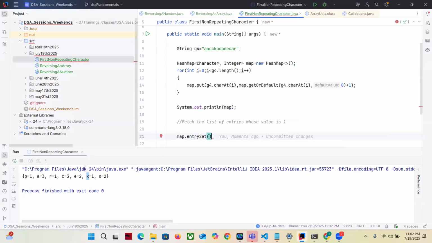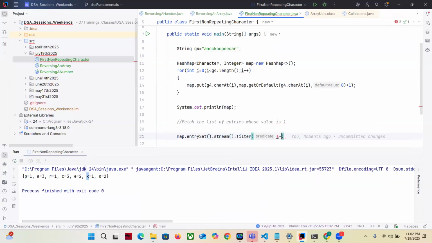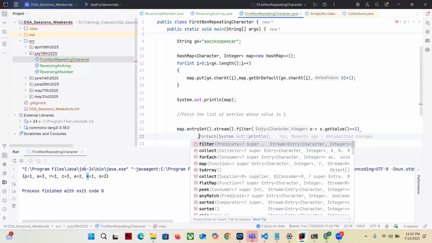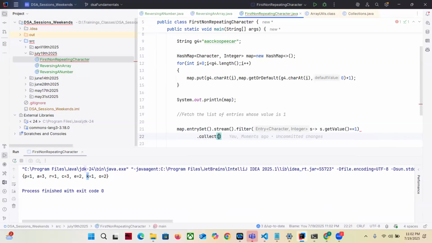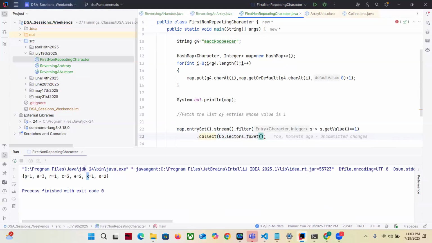Map.entrySet. What does map.entrySet do? It returns a set of entries. Dot stream dot filter, I will say s dot get value double equal to 1. We're using a filter, so we keep only the entries for which the count is one.